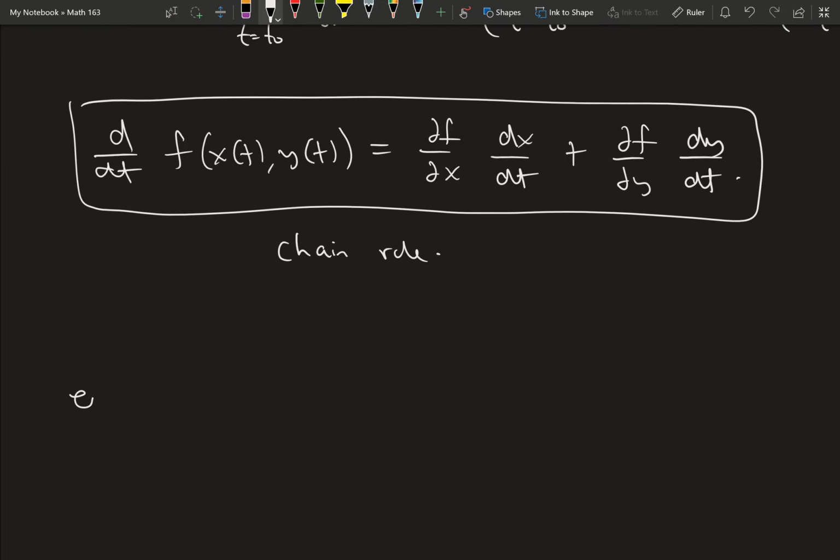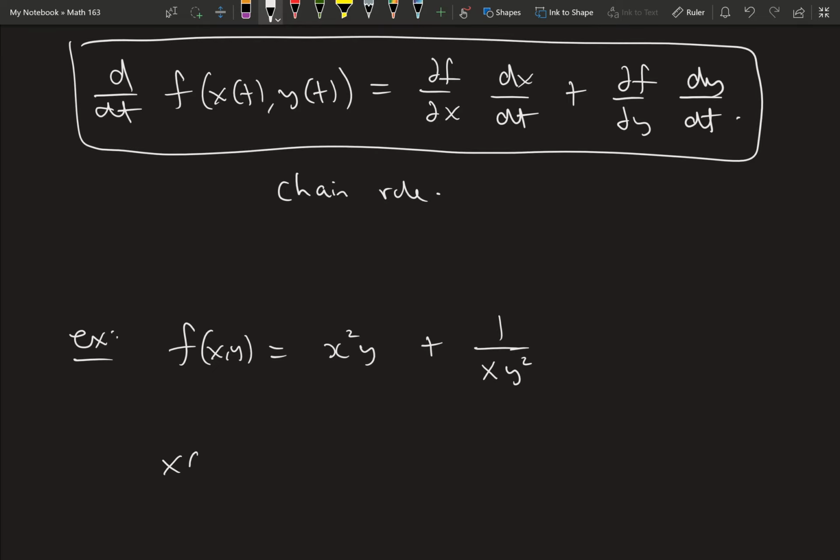So let's do an example here. Let's say f of x, y is x squared y plus 1 over x times y squared, and we have x of t being t squared plus 1, and y of t being t cubed.